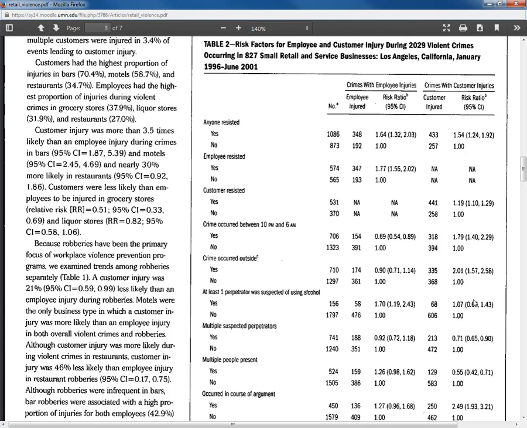Notice, however, that there isn't any evidence that customers are at increased risk of injury when the perpetrator is using alcohol. Evidently, when there's alcohol involved, the perpetrator is concentrating on the employee and is less distracted by customers, so there's no evidence of customer injuries.